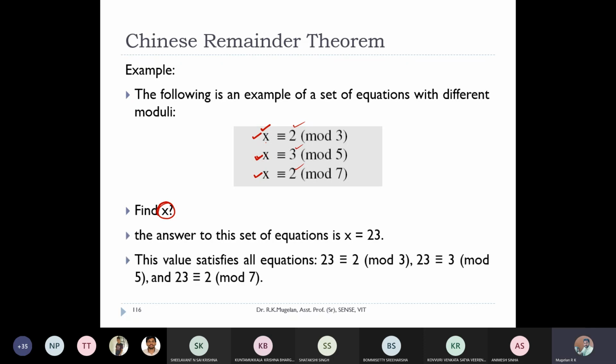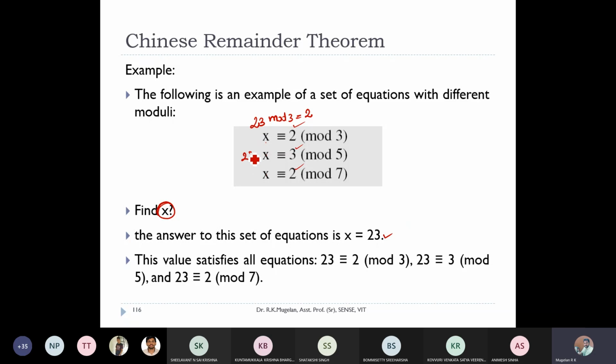So if you're feeling difficulty, for example, here in this expression, if we substitute the value of x to be 23, you can see that 23 is congruent to 2 modulo 3, right? In place of x, if you substitute 23 and take 23 mod 3, the answer will be 2.